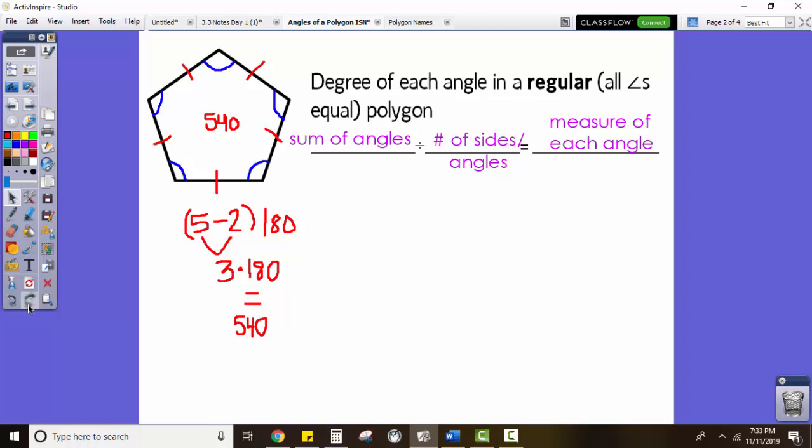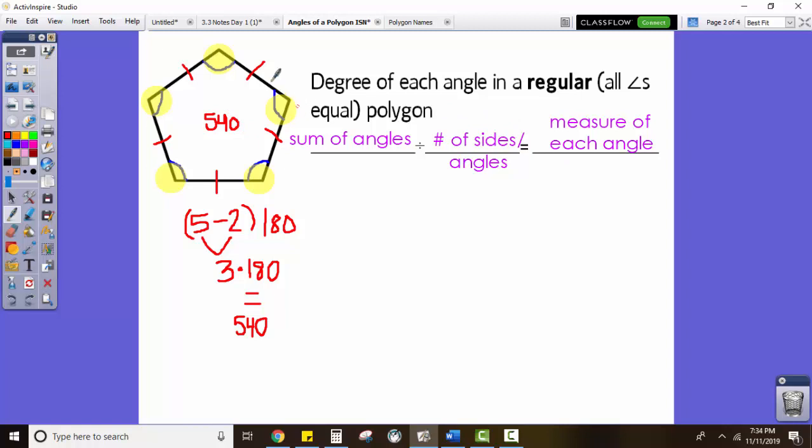But now my goal is to figure out how many degrees is this angle, this one, this, and this. So there's 5 angles here that add up to be that 540 degrees, and all of them are the same. So now I'm going to take my total 540 and divide it by the number of sides or angles.